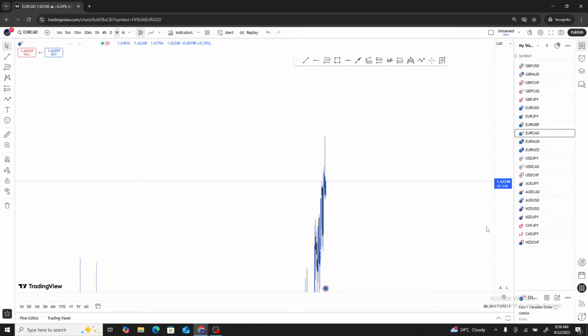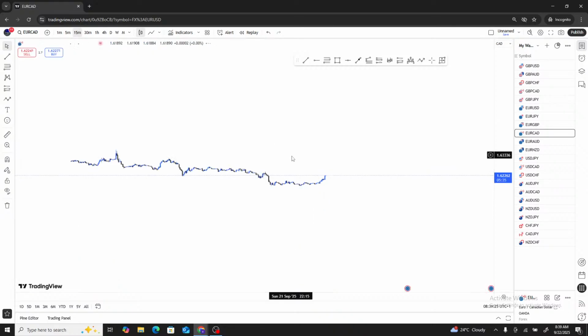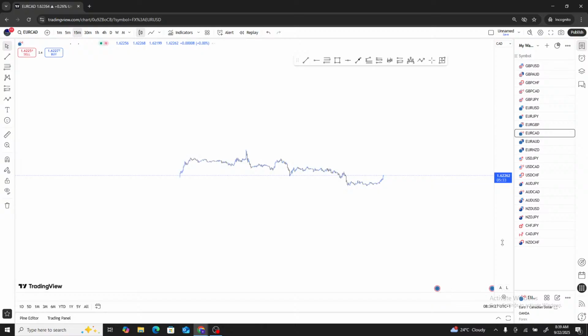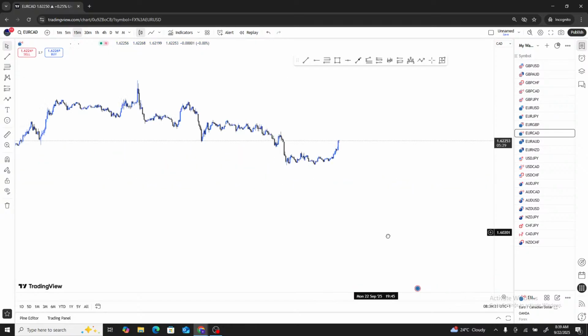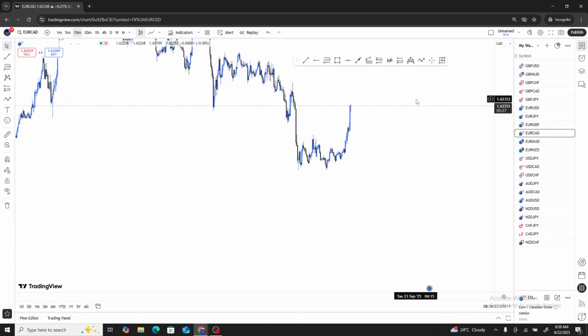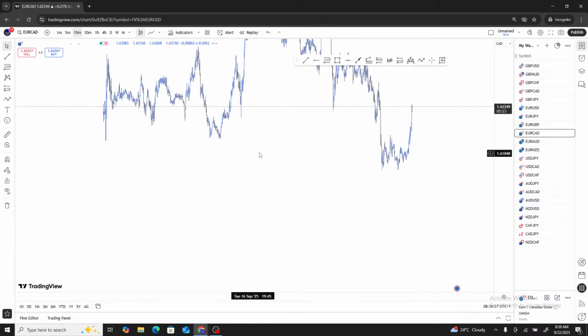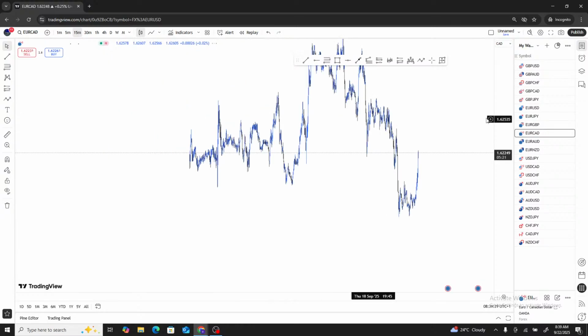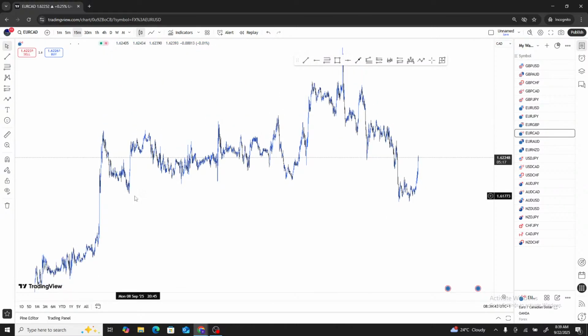Euro card is still a pair that has been in an uptrend for some time now. Euro card is moving to the upside massively.